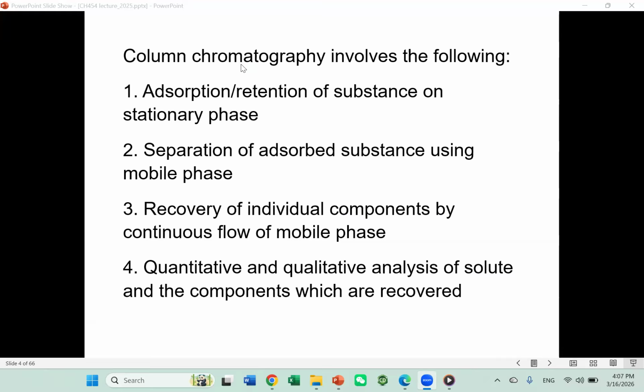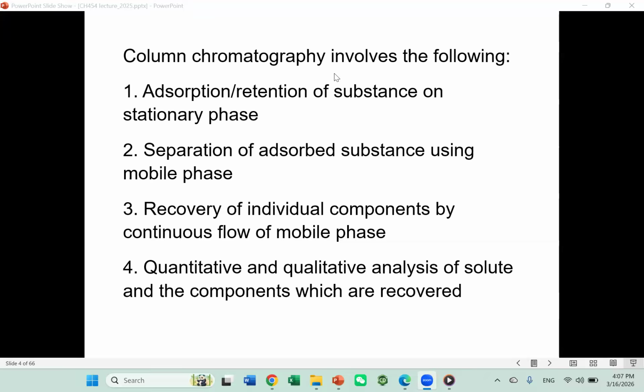Okay, so the HPLC actually belongs to column chromatography. There's retention, absorption and distribution between the stationary phase, and separation of the absorbed substance is based on the mobile phase.